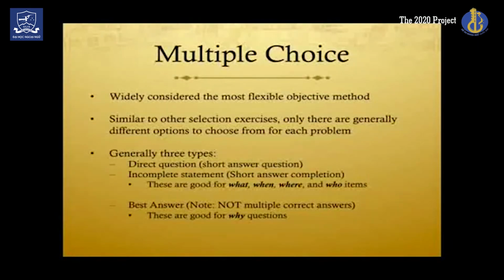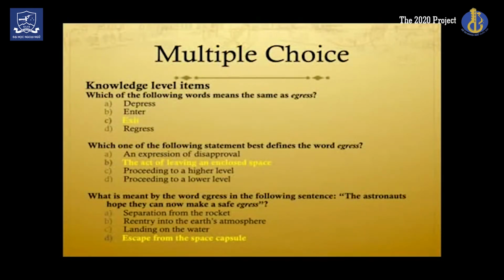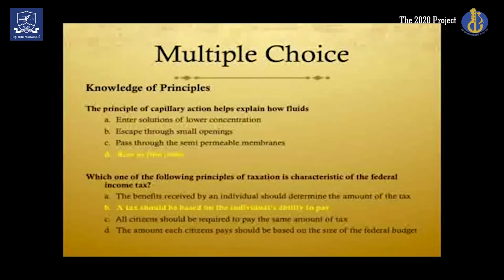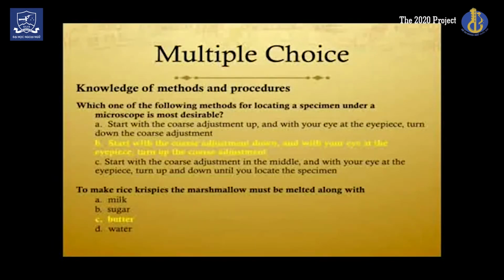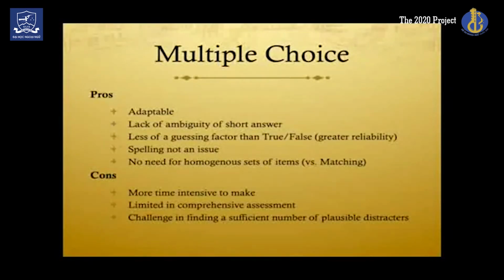If we're talking about multiple choice, it's very flexible, a lot of good benefits, some recommendations again, tips about how you might want to make them, how you can extend them beyond just recall, right? Lots of examples. And the great thing about multiple choice is that they are adaptable.